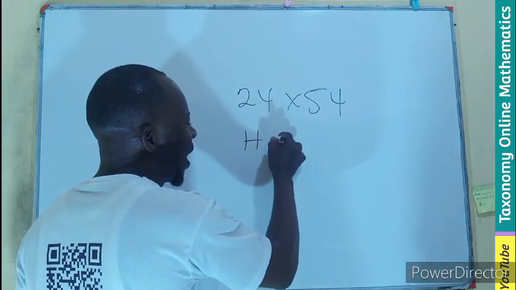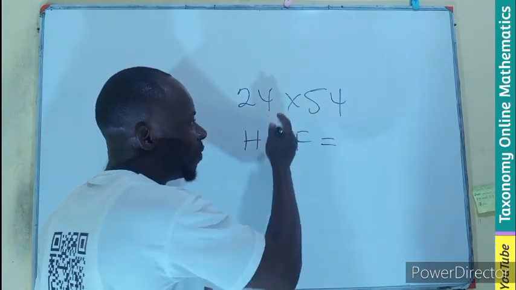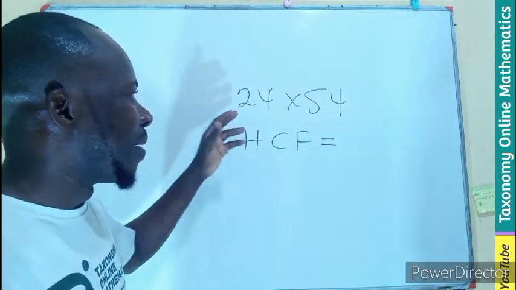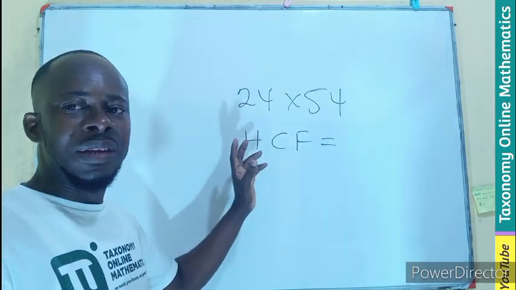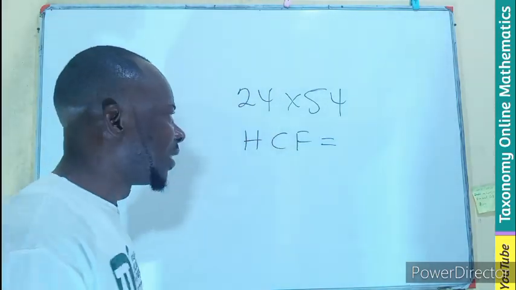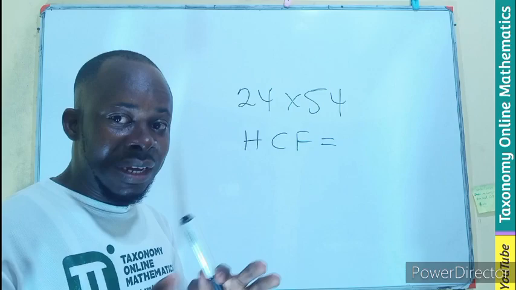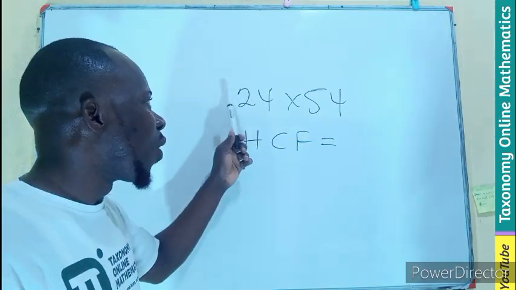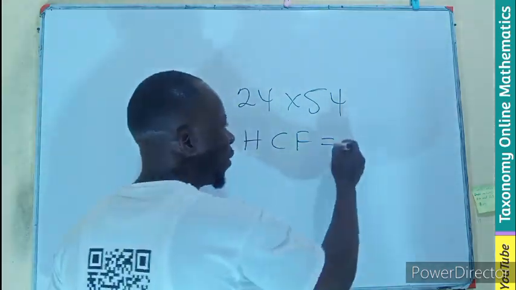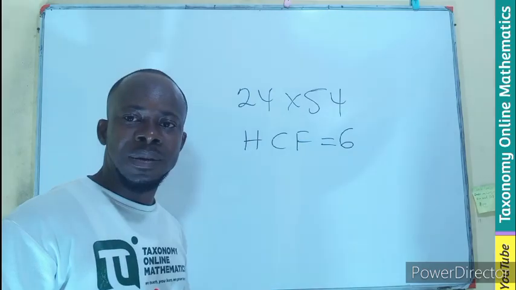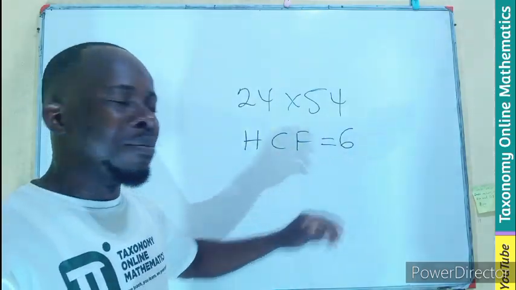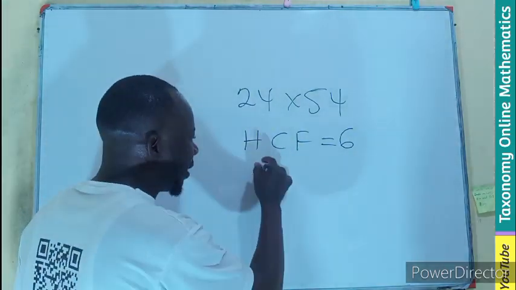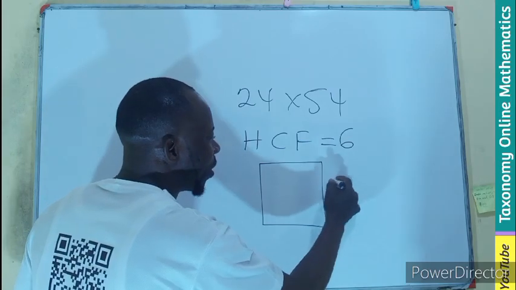The highest common factor is just to find a number that can divide these two numbers evenly, right? And for the purpose of this, I'm going to just give you the highest common factor of 24 and 54, which will be what? 6. Okay, so this is the highest common factor. Meaning I need a square tile that measures 6.